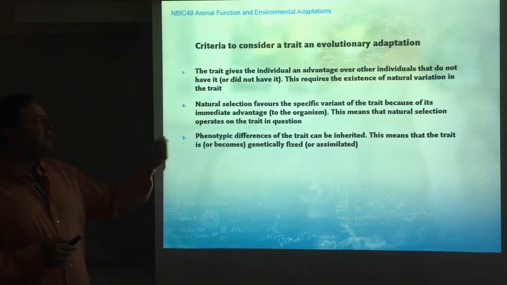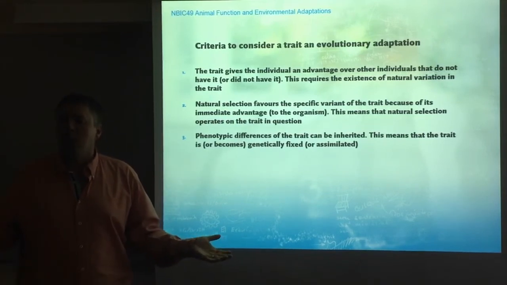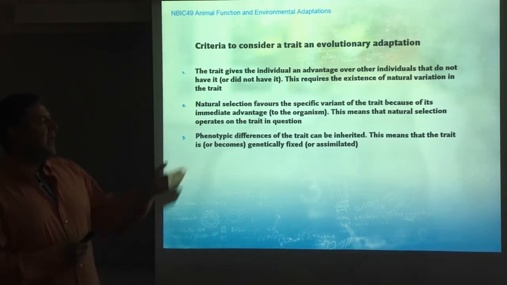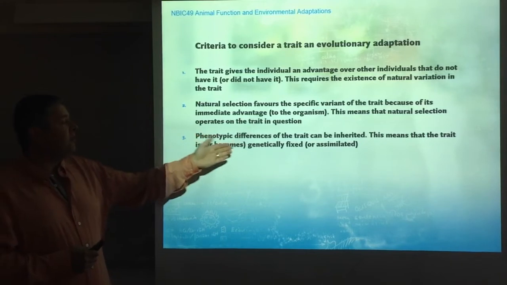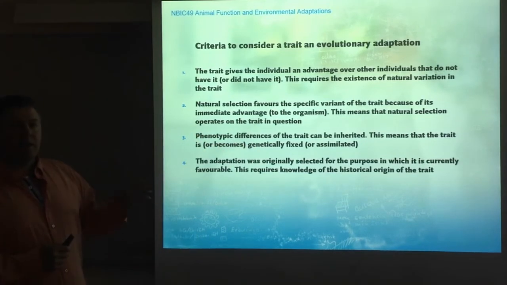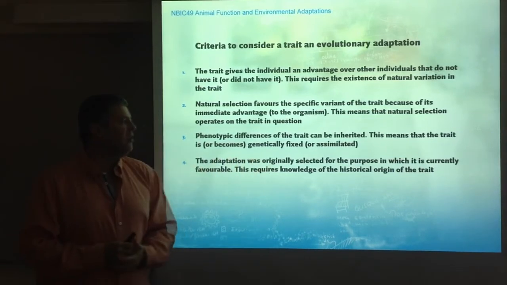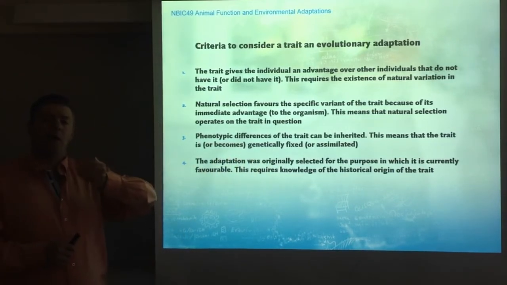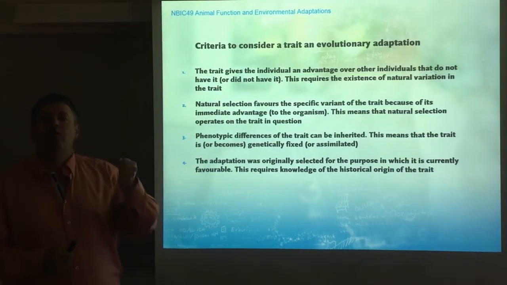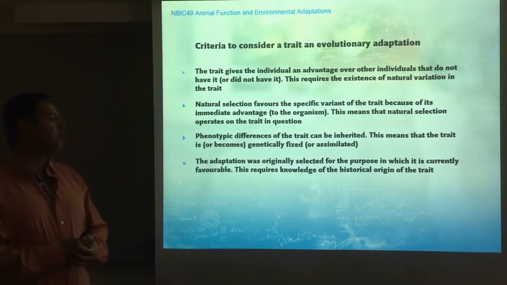The third one is that this trait has to be inheritable. Because if it's not inheritable, what's the point? Once it's been selected for, it essentially has to become genetically fixed or assimilated. And finally, and that's the trickiest part, the adaptation was originally selected for the same purpose as it is currently advantageous or beneficial.